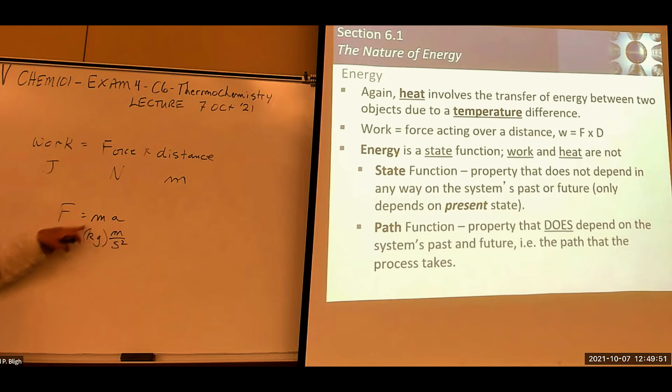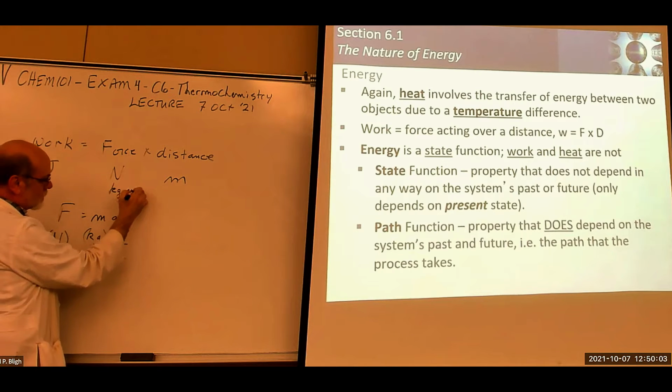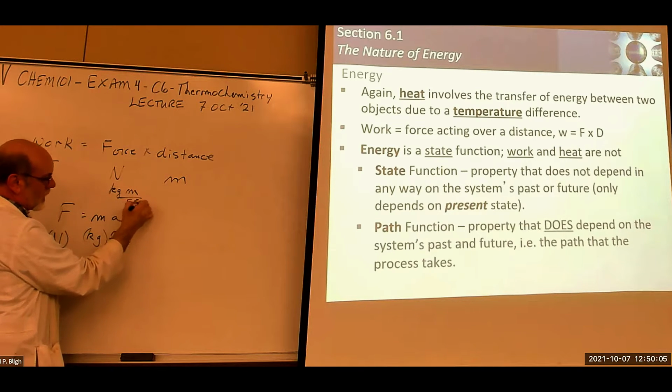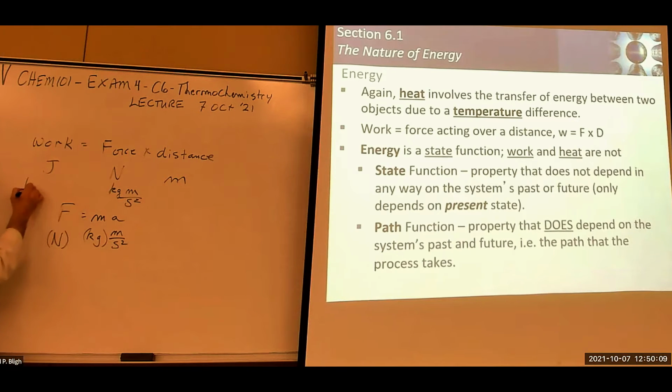So this value right here is the newton: kilogram meter per second squared is a newton. If you substitute this in here, kilogram meters per second squared times meters, then you have the joule equal to kilogram meters squared per second squared. Just like before. They're all interchangeable.